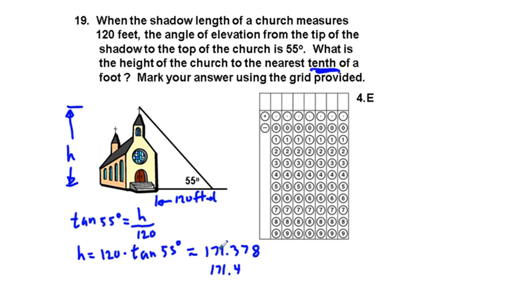If you put it out to more decimal places like 0.378, you get it right, and the automatic rounding would bail you out. So 171.4. So here's 171.4. Should not have been hard at all.